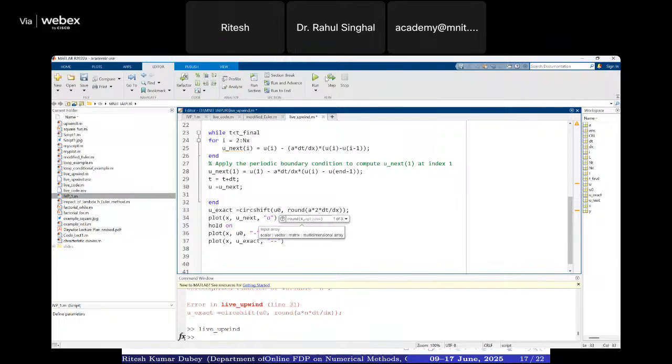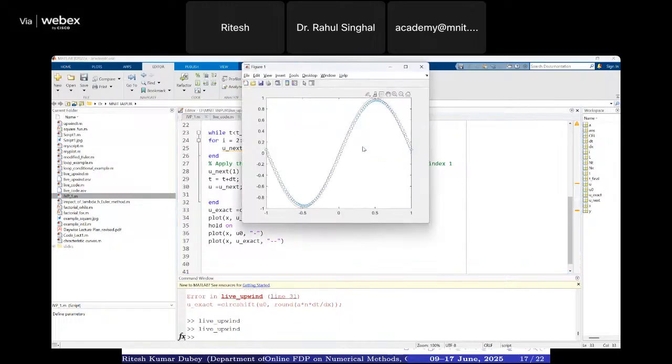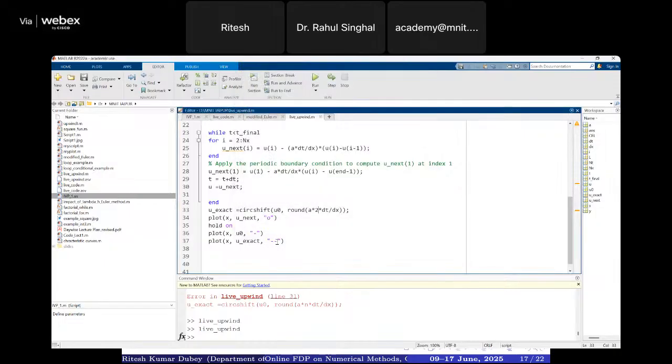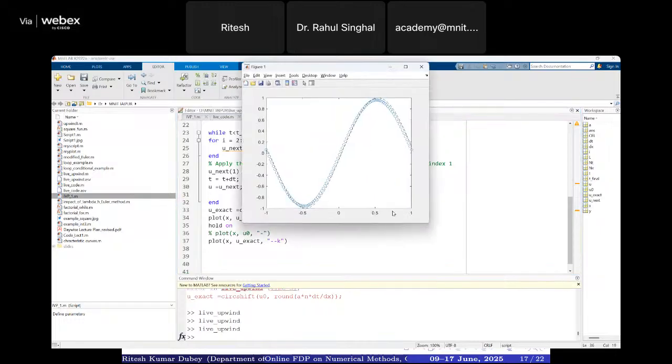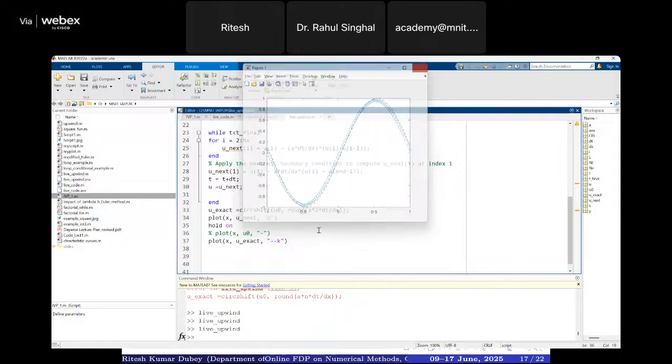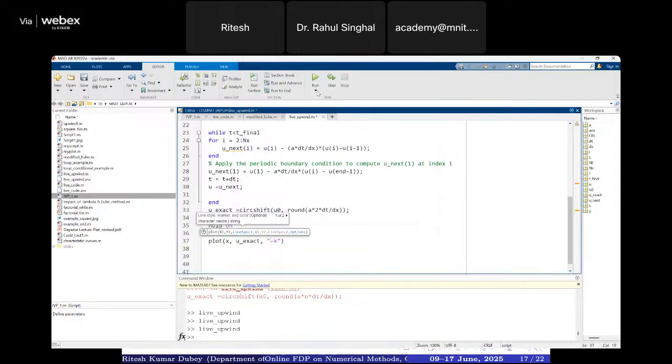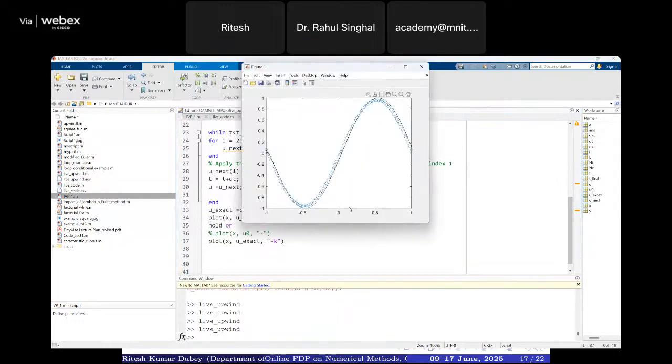I put here 2. Let's see. Okay, now we got the solution. Exact solution also is there. Exact solution can be written as this. I will remove the initial condition, and I will put the solution at time t equal to 2.